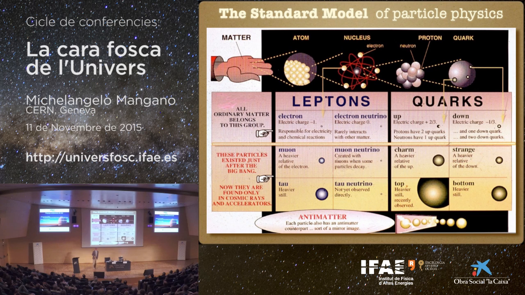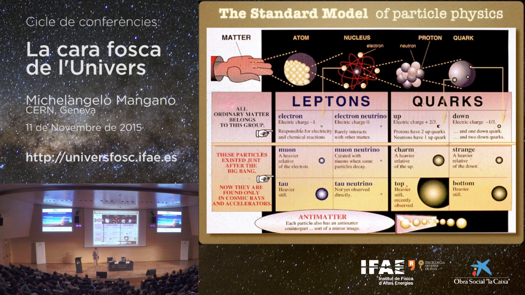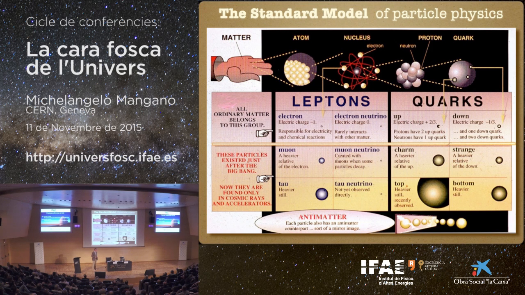And what we know about matter is encoded in the so-called standard model of particle physics. That is the theory that explains matter as we know it in terms of fundamental constituents and fundamental interactions.